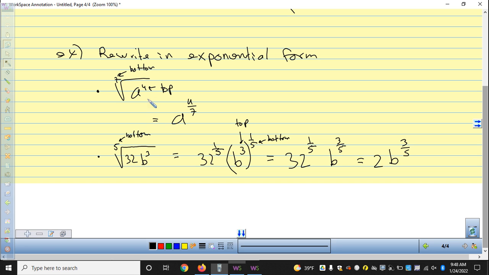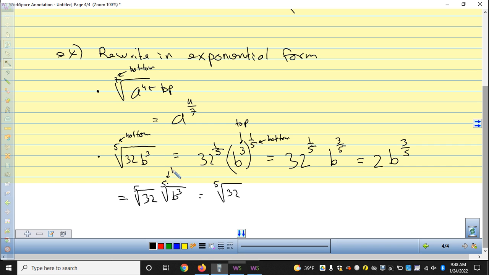All right, another way we can look at this problem. We can split this into two roots. We could think of this as the 5th root of 32 times the 5th root of b to the 3rd. So I can split that in two. So this is the 5th root of 32.